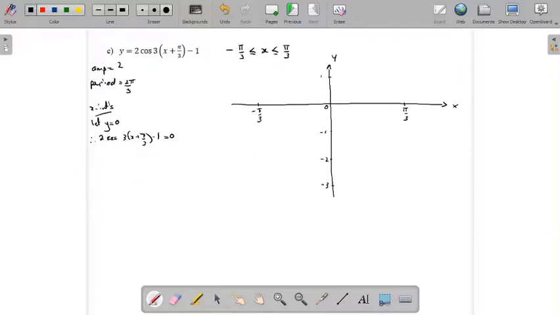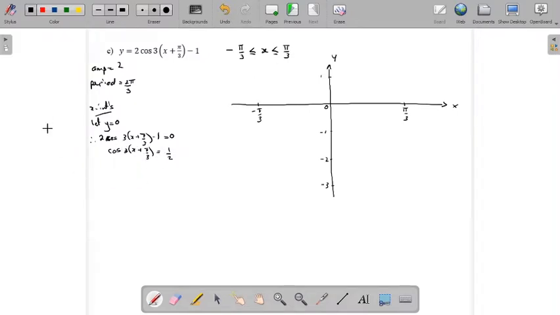Now solving this equation, remember we want to get our trig function part here on its own, which means we need to bring our negative 1 over here and this 2. So rearranging, we have cos(3(x plus pi on 3)) equals 1, because it's going to be positive 1, and then divided by 2, 1/2.